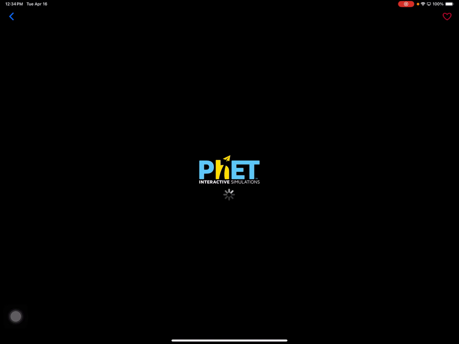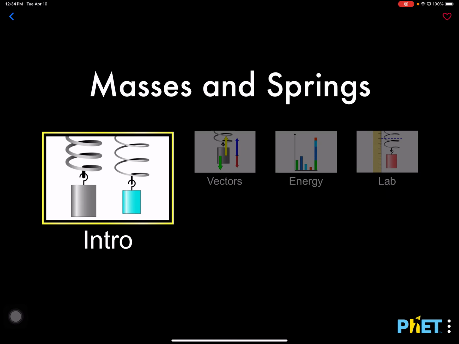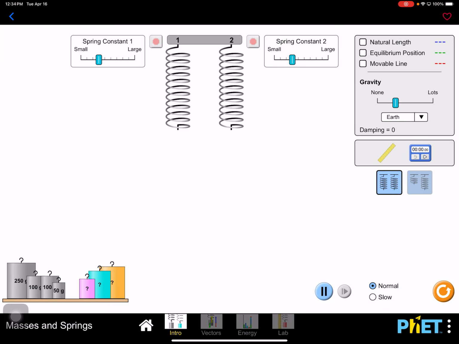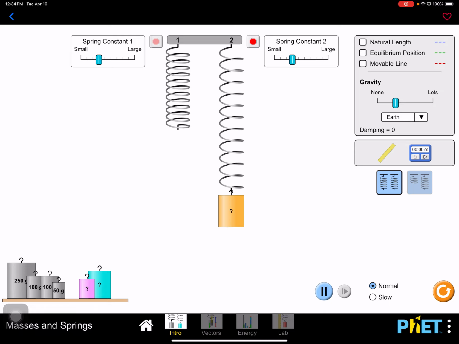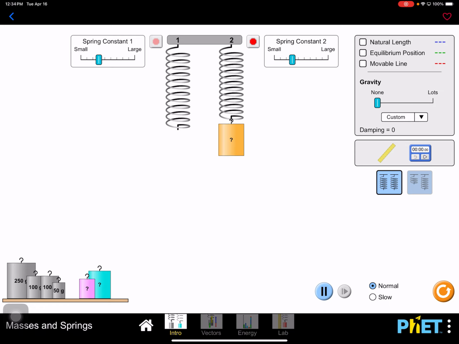So here's the mass attached to a spring. And let's make sure gravity is none, and spring constant, no damping.